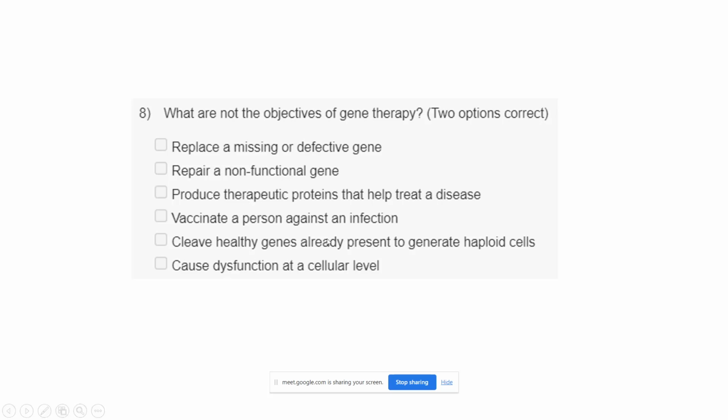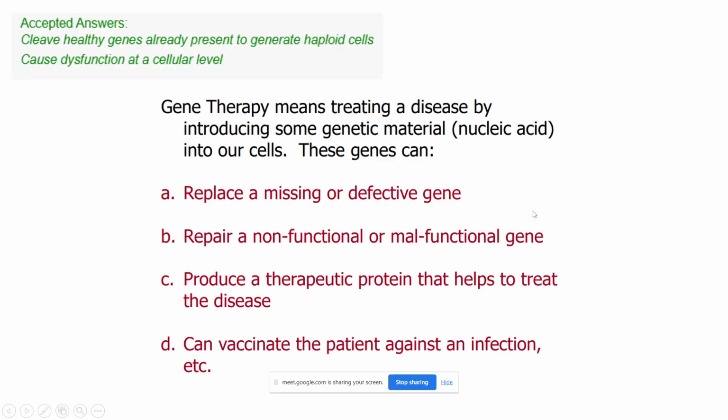That is, cleave healthy genes already present to generate haploid cells or cause dysfunction at a cellular level. Apart from this, all the other options are the objectives of gene therapy. That is, to replace a missing or defective gene, to repair a non-functional or malfunctional gene, produce a therapeutic protein to treat the disease, and vaccinate the patient against an infection.